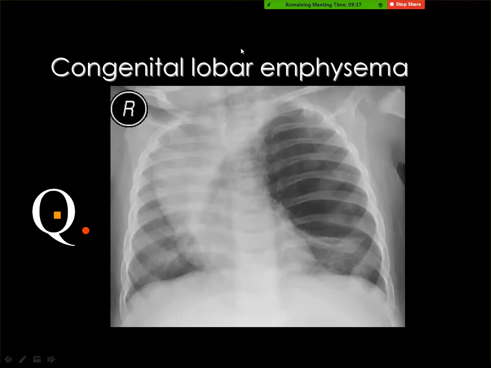They omitted the term emphysema and replaced it with overinflation, as it is not actually an emphysematous lobe, but it is an overinflated lobe. And the diagnostic landmarks here are: number one, you see the overinflated lobe is crossing the midline to the opposite side, and you can see the other lobe, the lower lobe, is compressed and flattened against the diaphragm.